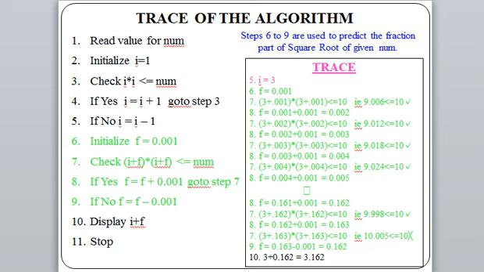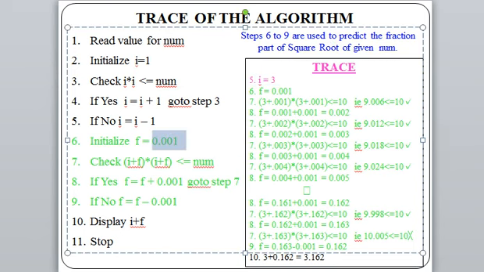So let us now trace steps 6, 7 and 8, 9 in this process. We already got the value of I, the integer part of the algorithm trace, I equal to 3. This is our reference for all the calculations of the fractional part. In the process of identifying the fractional part, initialize the f value. F is the fractional part, and f equal to 0.001.